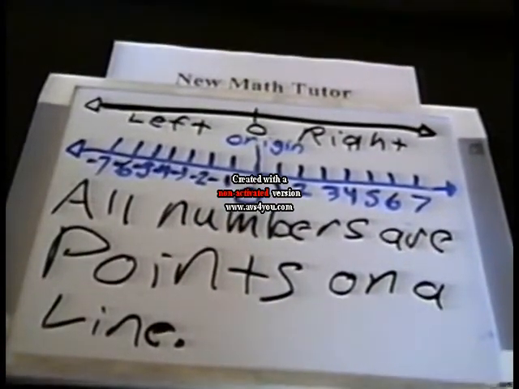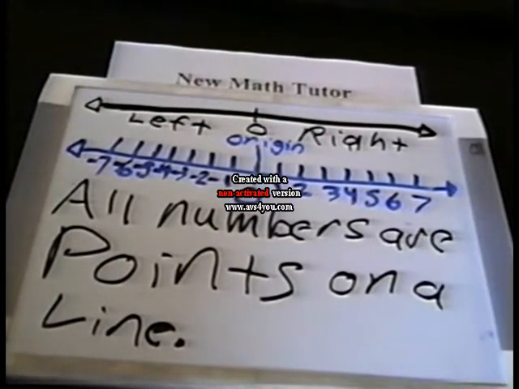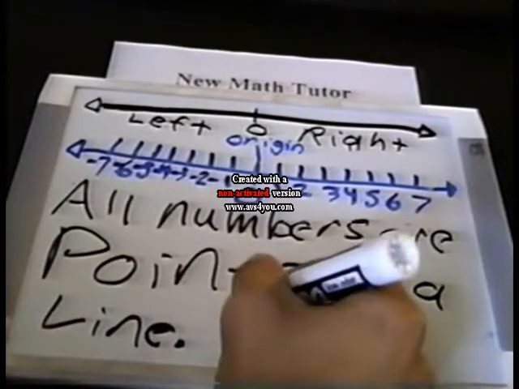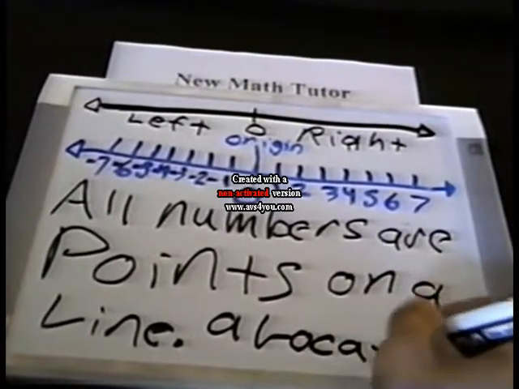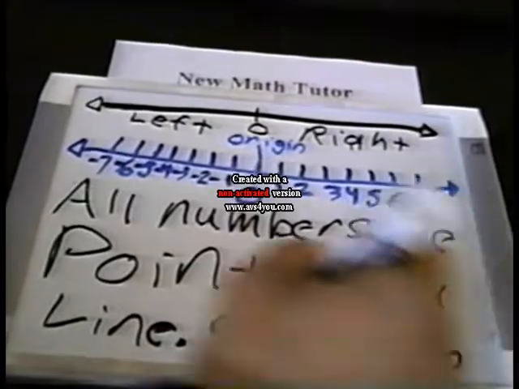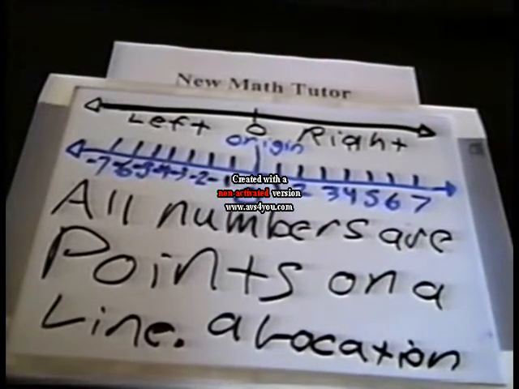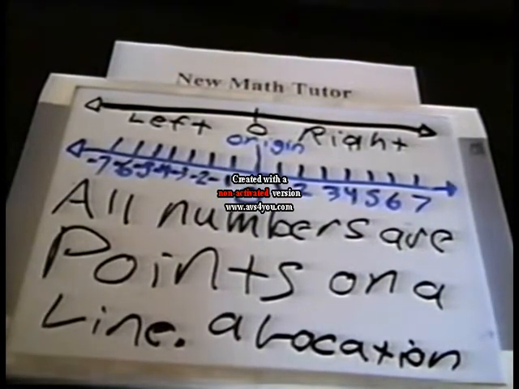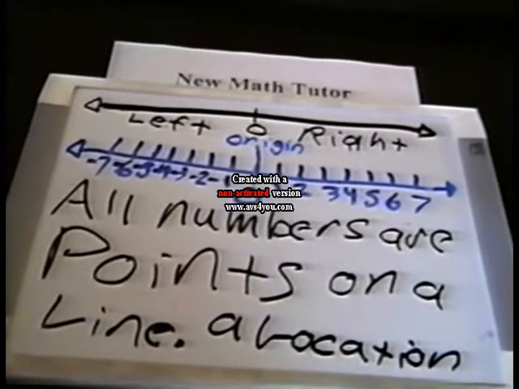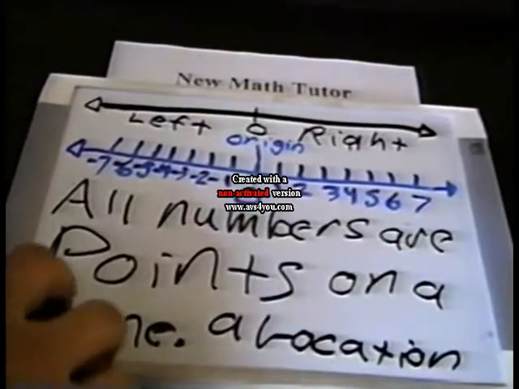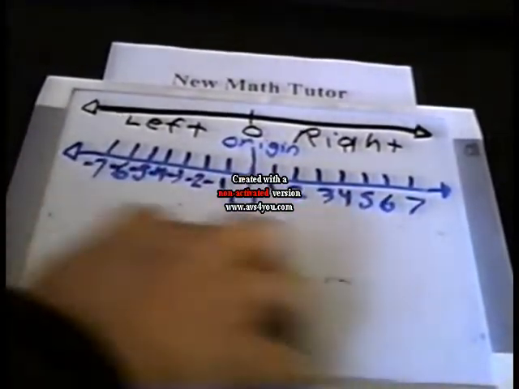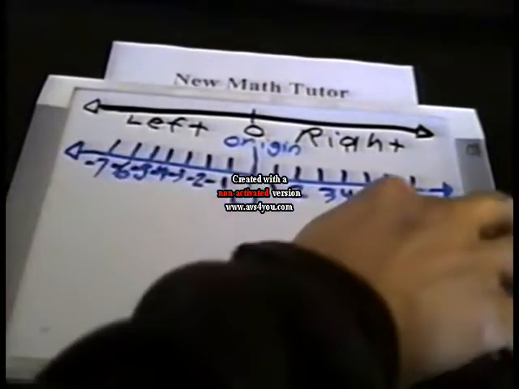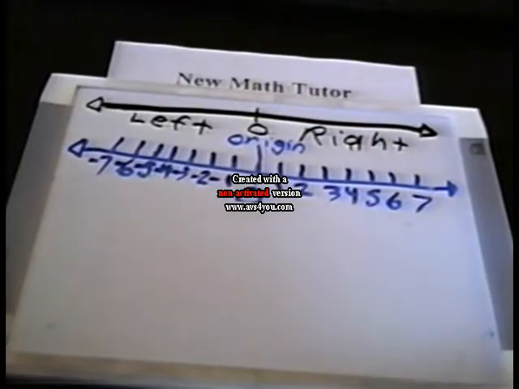All numbers are points on a line. Or a location. Or a place, as opposed to space.